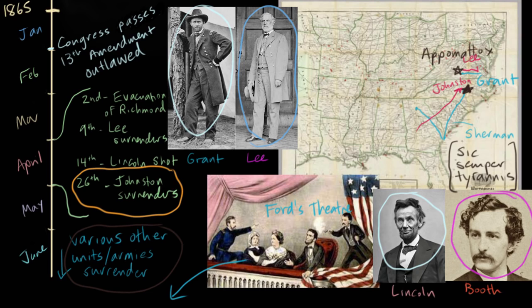Now, after Lincoln's assassination, which was an incredible shock to the United States, remember that no president had ever been assassinated before, the power is then transferred to Andrew Johnson, Lincoln's vice president. And Johnson's presidency is going to end up being very problematic for a number of reasons, the most important of which being that he's very sympathetic to the South.